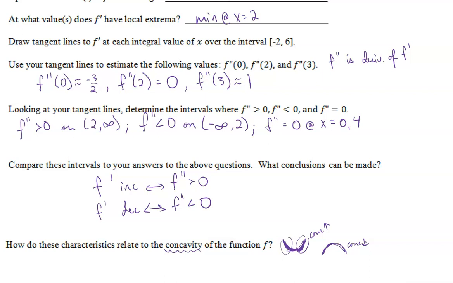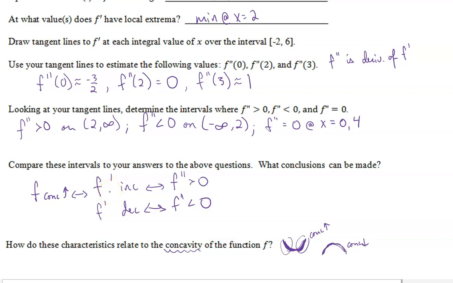And we haven't graphed our second derivative on here, but I'm going to go ahead and tie these together for you. Okay, so the function f is concave up if and only if f prime is increasing and f double prime is positive. Because if f prime is increasing, then the slope is increasing.